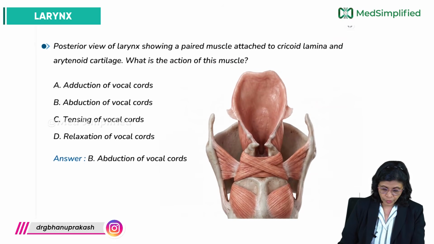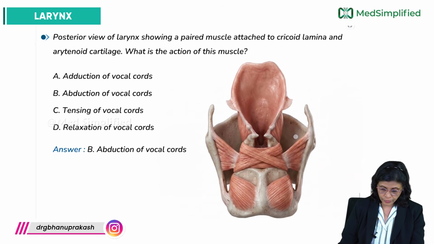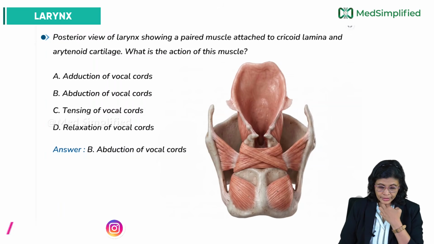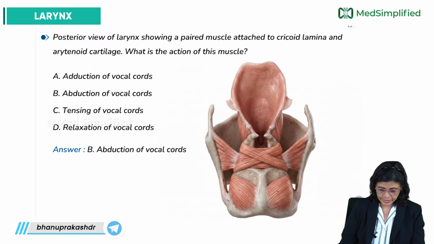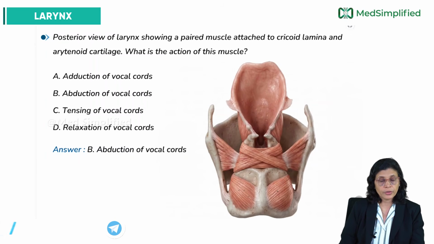The posterior view of the larynx shows a pair of muscles attached to the cricoid lamina and arytenoid. From the cricoid lamina to the arytenoid cartilage, what is the action of this muscle? This is the posterior aspect of the cricoid cartilage, and from here to the arytenoid, it will be posterior cricoarytenoid.